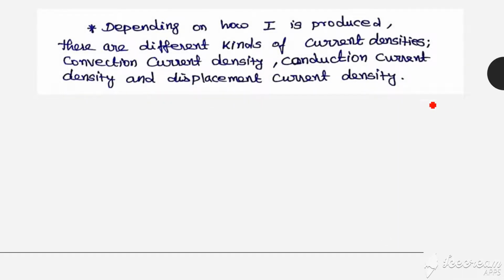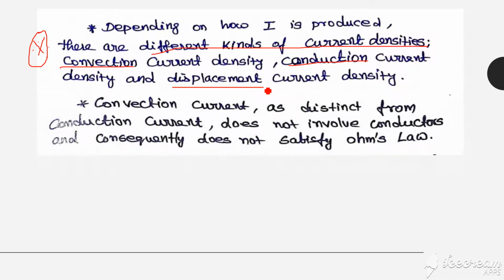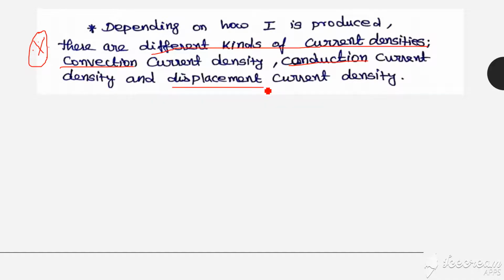Depending on how the current is produced, there are different kinds of current densities: convection current density, conduction current density, and displacement current density. We will discuss displacement current density in a later section.